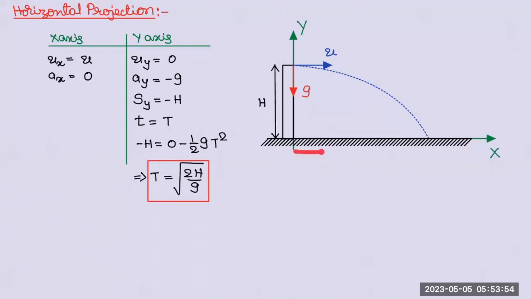Range R is equal to, logic is simple, horizontal displacement during time of flight. So horizontal displacement is velocity into time. So it will be u into root of 2H by g. That is range R.